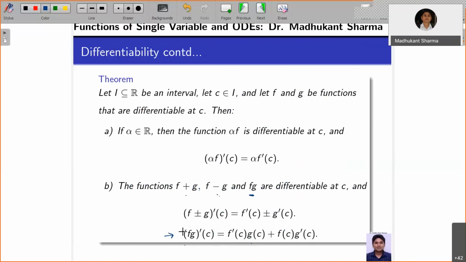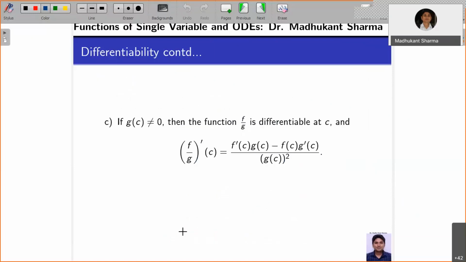Similarly for the quotient rule, at first g of c should not be 0, and you know how to apply the quotient rule. Whenever f is differentiable and g is differentiable, this rational function is also differentiable at that point c, provided g of c is non-zero.